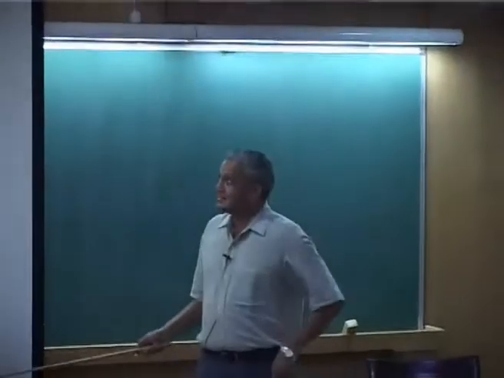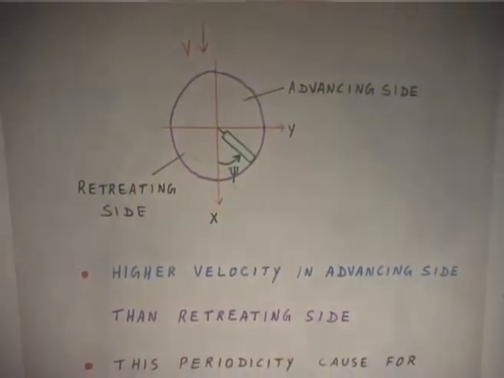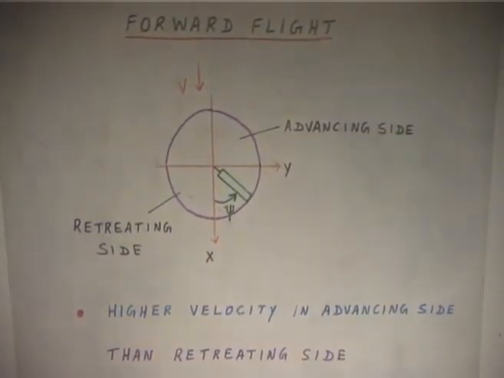So, we essentially divide the disc into two regions. One region we call the advancing side, because the oncoming flow and the rotational velocity add together.